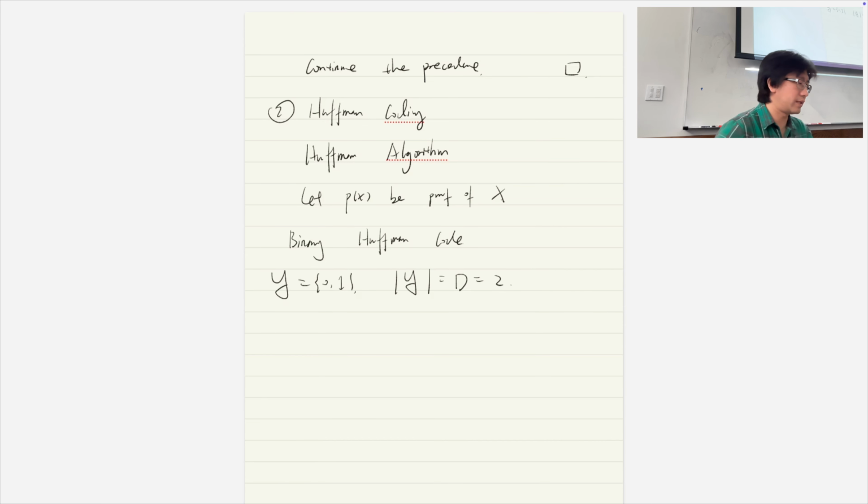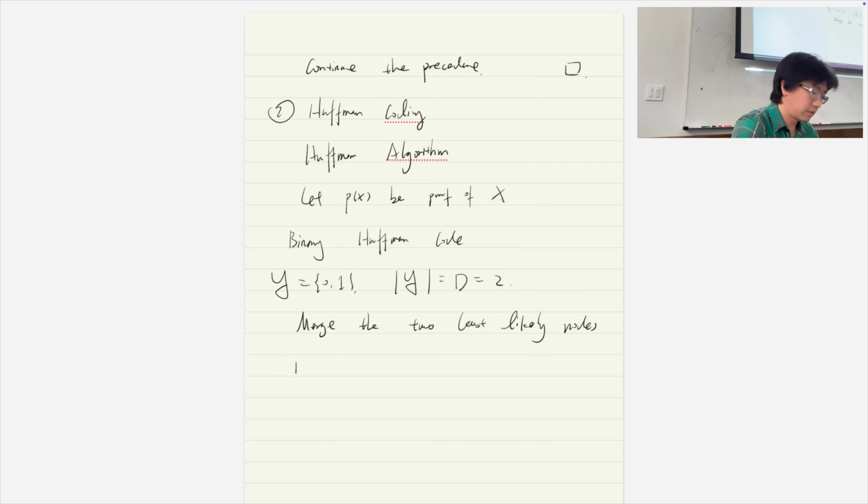I'll write down the algorithm in just one sentence, and then I'll explain the meaning of it. What we're going to do is order all the symbols from the highest probability to the lowest probability, or vice versa. And then we're going to merge the two least likely nodes in the tree.